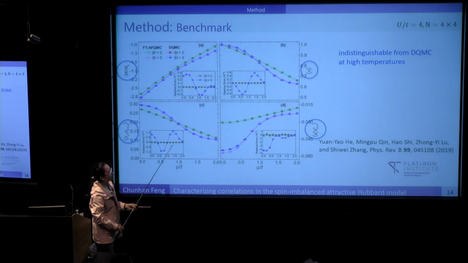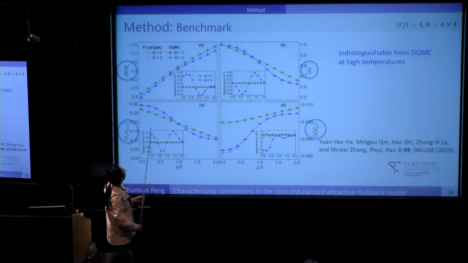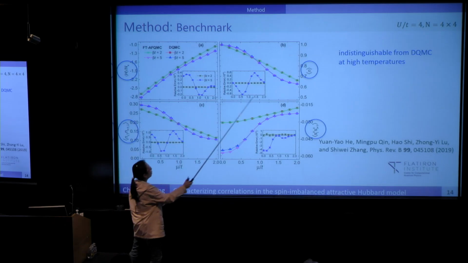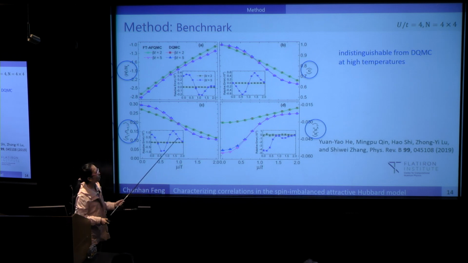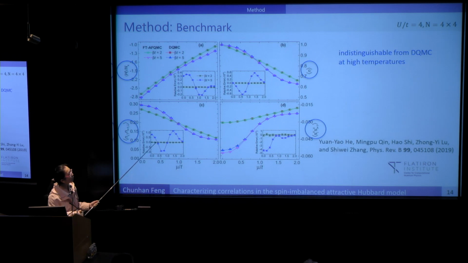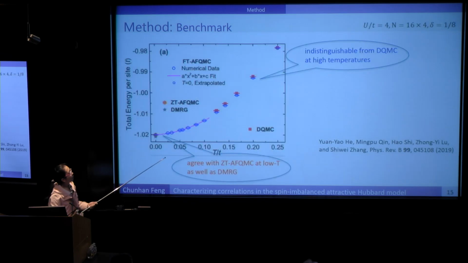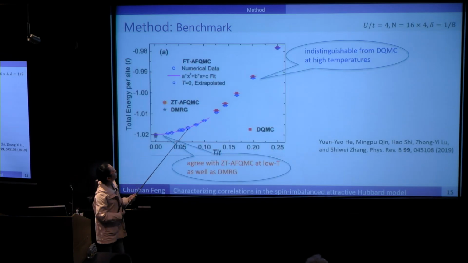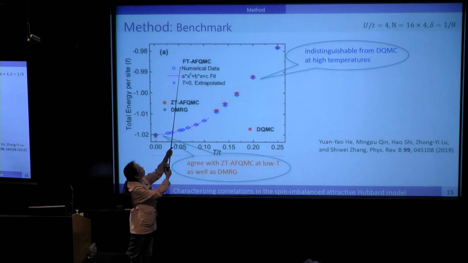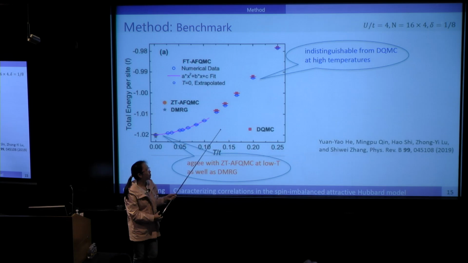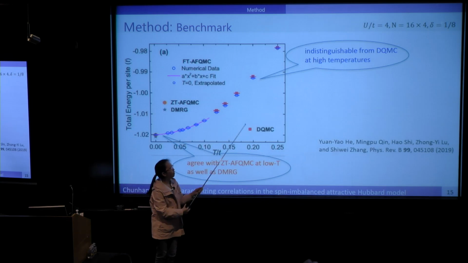And this size is similar, but we show several different quantities like energy, density, and also density-density correlation and spin-spin correlation. It shows us there is a pretty good agreement between DQMC and AFQMC. So on this slide, we will show a bit more data. It is the energy. So the blue points here are still from the finite temperature AFQMC, and the red data points are from DQMC.